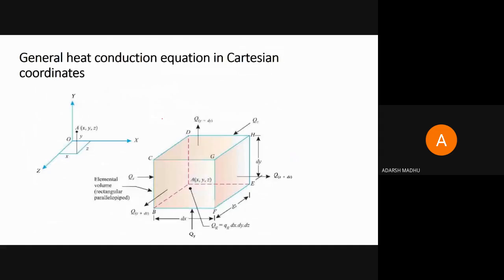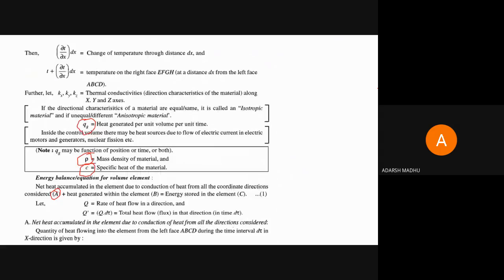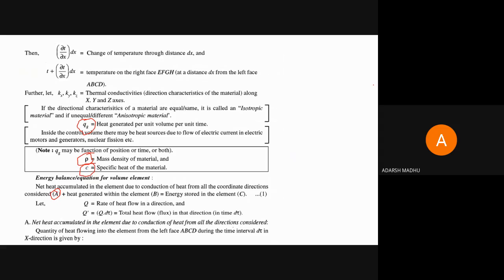dx dy dz is the volume of the element that we have taken. dx is one side, dz is another side, and dy is the height of the material we have taken, which is a cuboid. So dx dy dz is the volume of the element. In the B part, we take Q dash g equal to small qg into dx dy dz, where dx dy dz is the volume of the element.